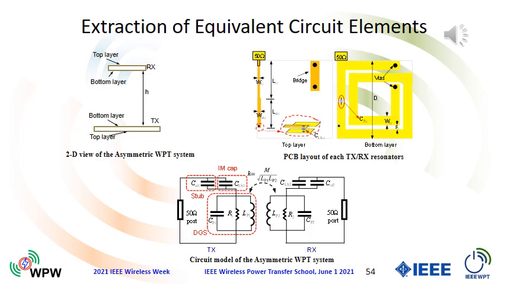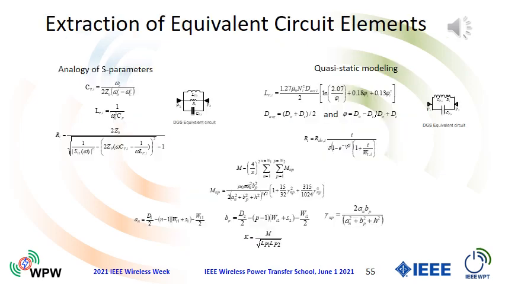The different parameters can be optimized to get the desired specifications according to the constraints. The equivalent circuit elements can be extracted from the analogy of S parameters or quasi-static modeling. These parameters are used to optimize the required design.